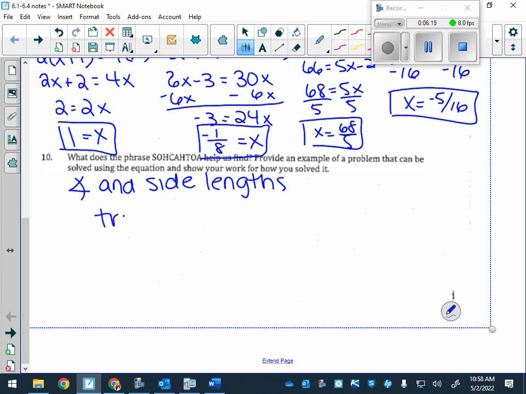Using our trig ratios, right? What does the S stand for? Sine. Good. What does the C stand for? Cosine. T. Tangent. Good. So that's what we're going to dive into today.